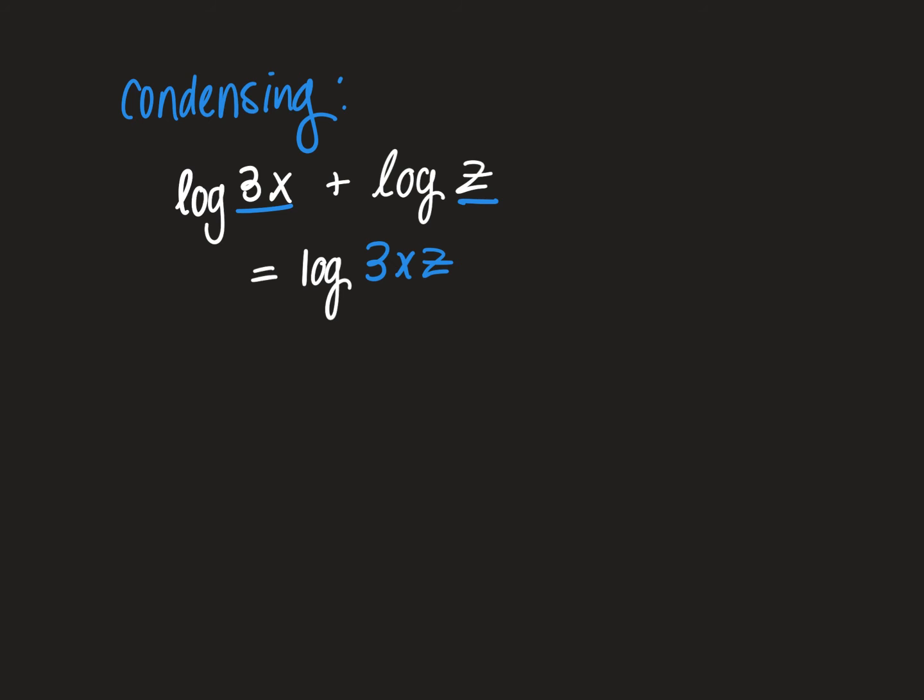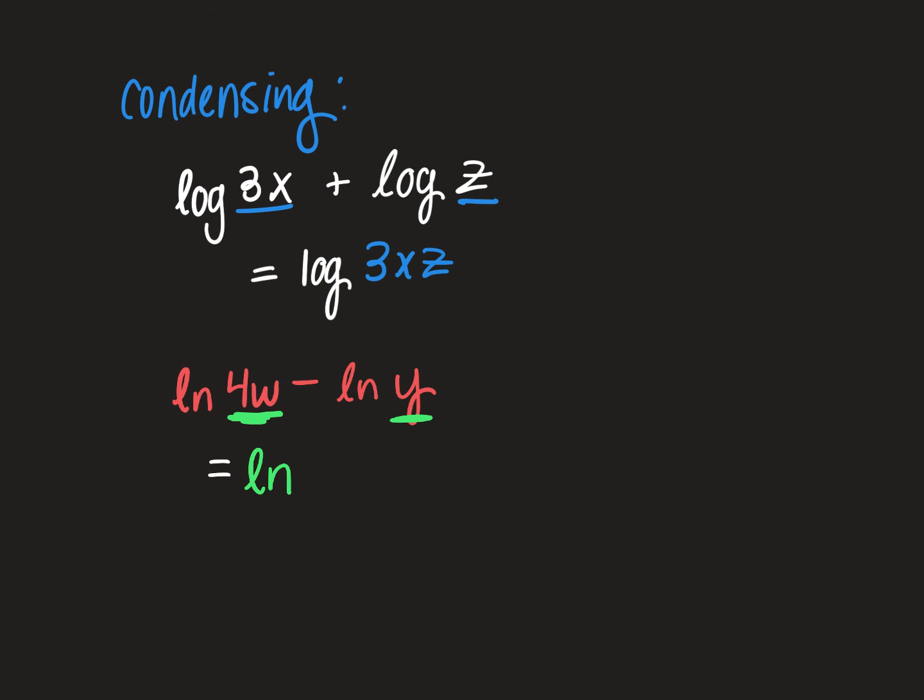All right, so then let's do another one. Let's do ln of 4w minus ln of y. So what property is happening here? Yes, quotient. So this becomes our top number or our numerator, the y becomes the denominator.